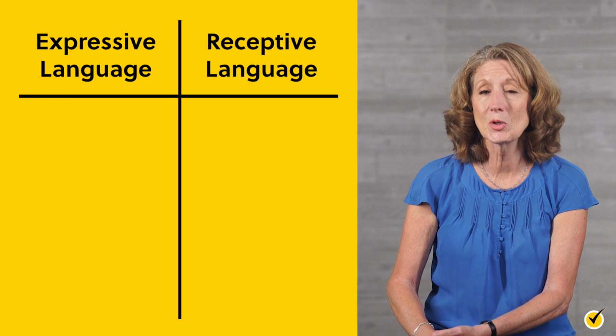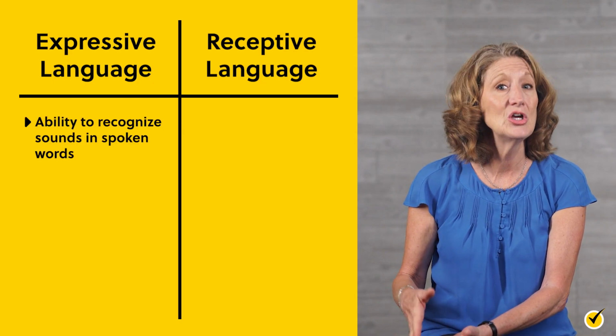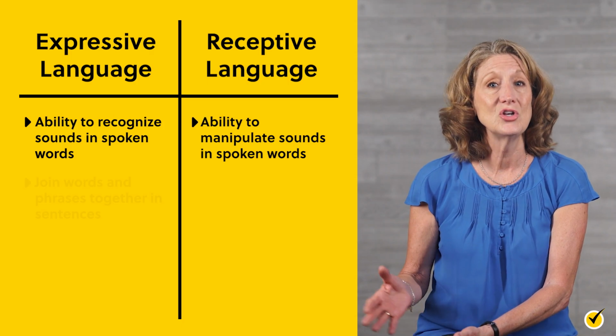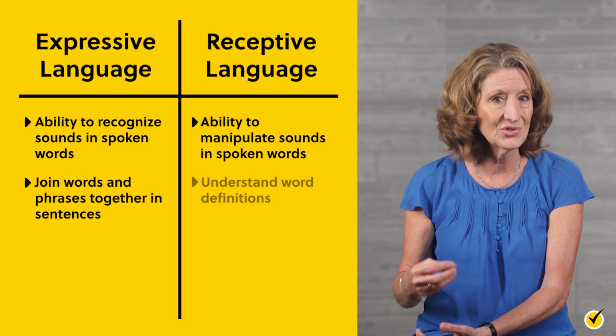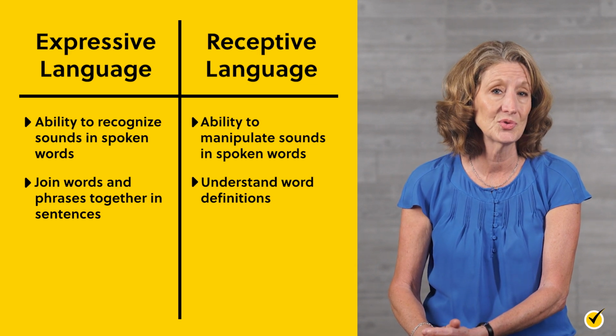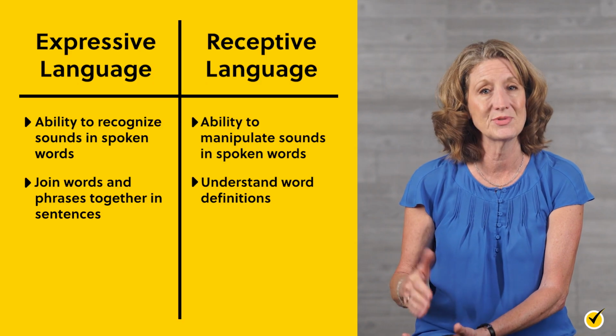Successful communication requires coordination of multiple components, including the ability to recognize and to manipulate sounds in spoken words, join words and phrases together in sentences, and understand word definitions. It also includes knowing the social rules of language, such as how to take turns when speaking, which overlaps with the social domain. Let's look at a few examples of how these domains are interconnected.